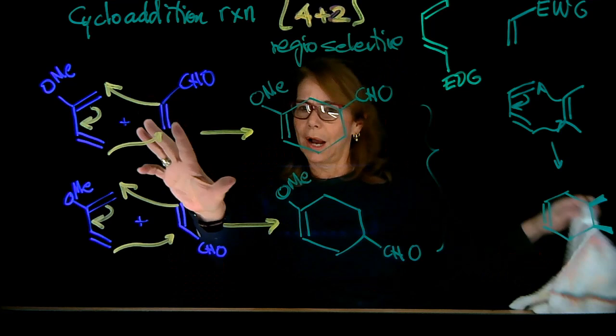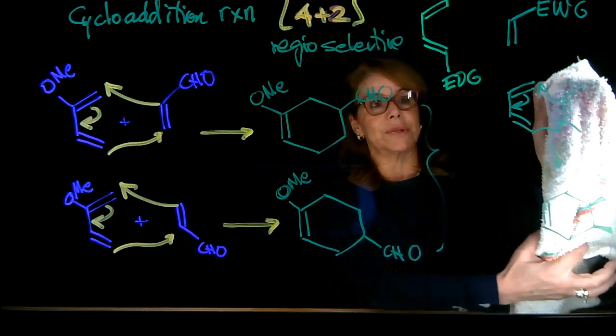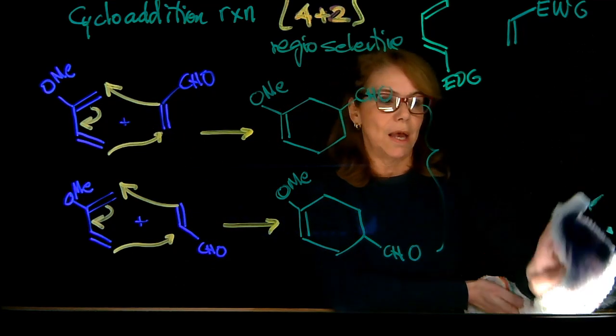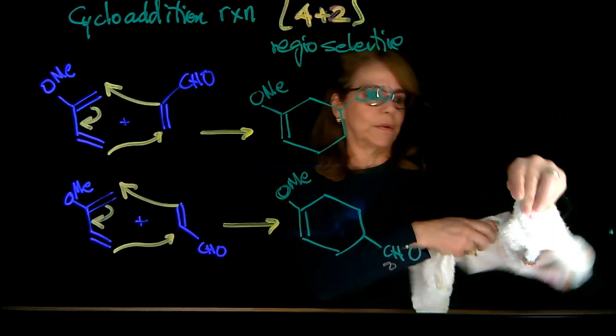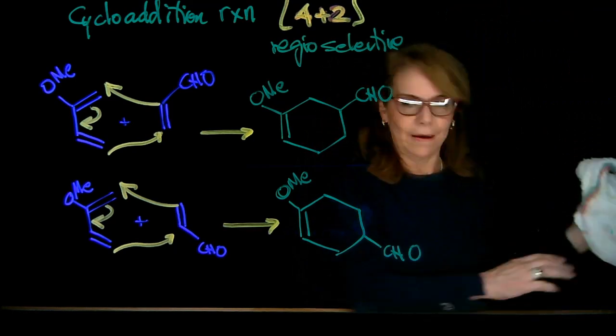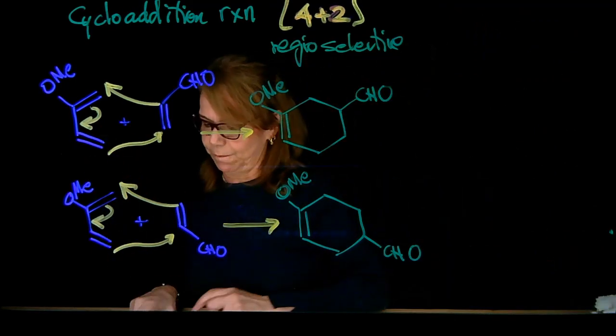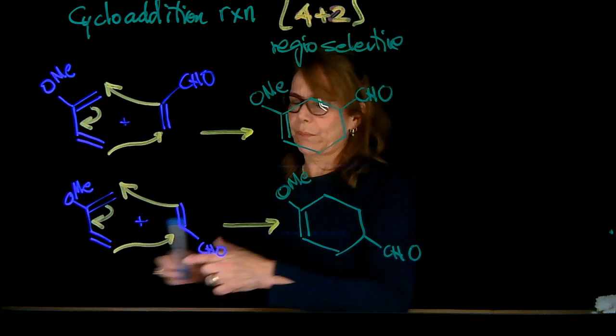So to be able to predict the regioselectivity, we're going to be using resonance structures. Now let's first analyze what happens with the diene here.